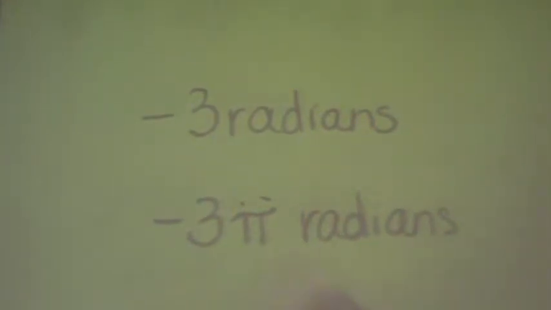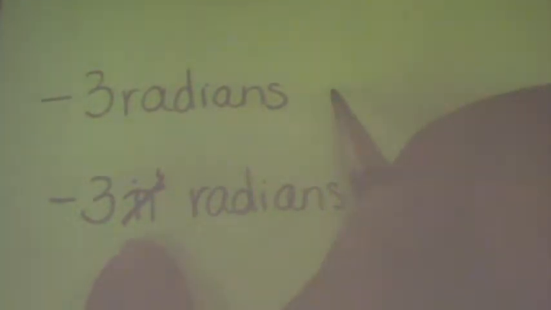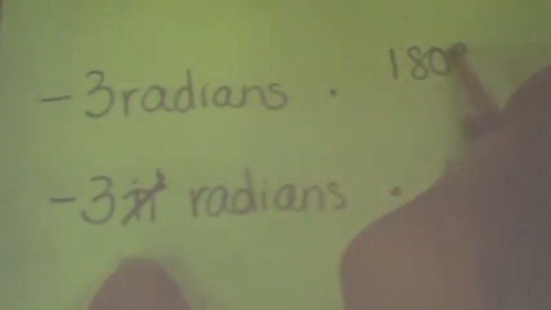If the pi is there, you're going to multiply this by 180 over pi, because you want those to cancel. If the pi is not there, you're going to multiply it by 180 degrees over 3.14.